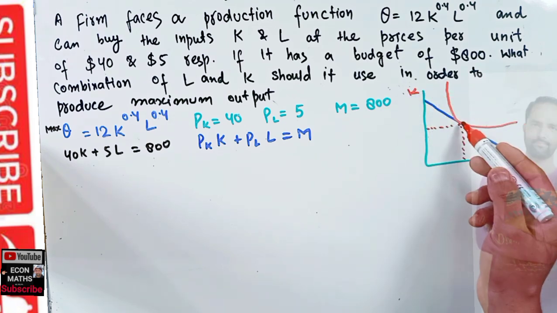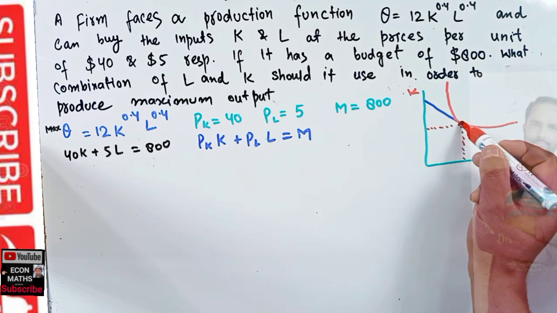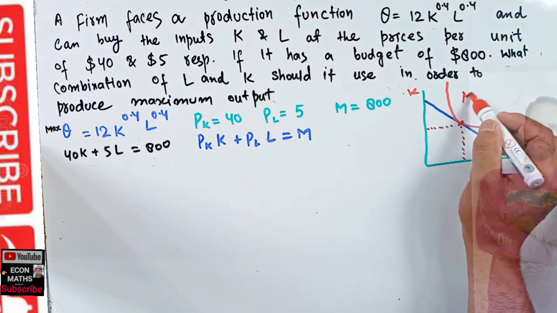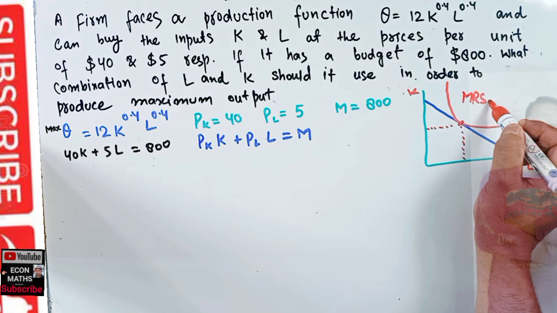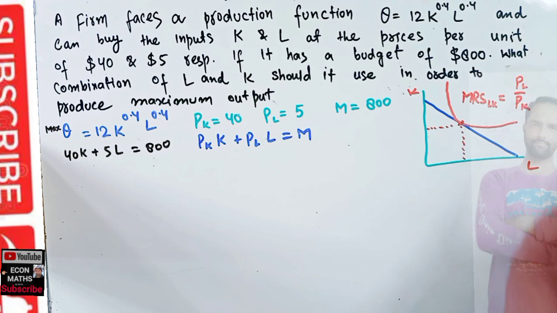So we need to find the point where the isoquant and isocost lines are tangent to each other, and it occurs at a point where the marginal rate of substitution between labor and capital is equal to the ratio of the prices, that means price of labor upon price of capital.